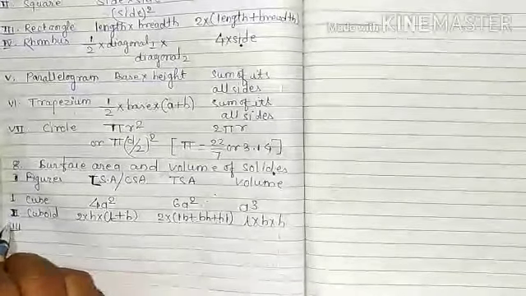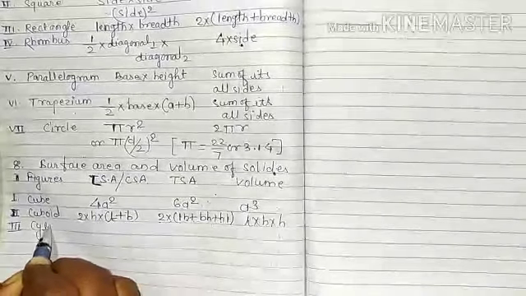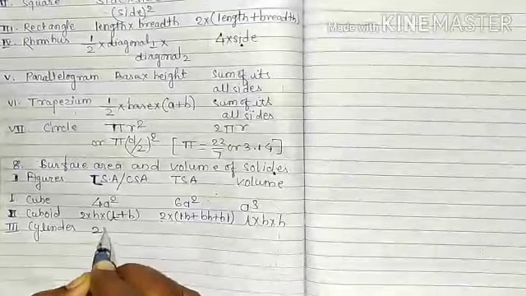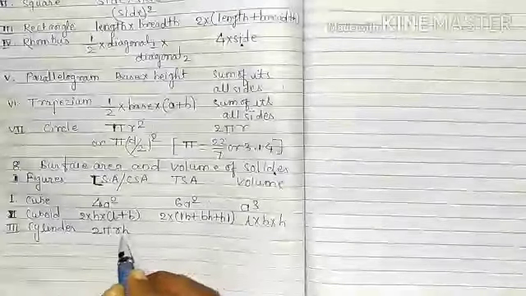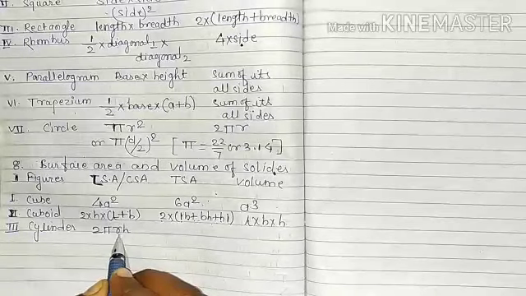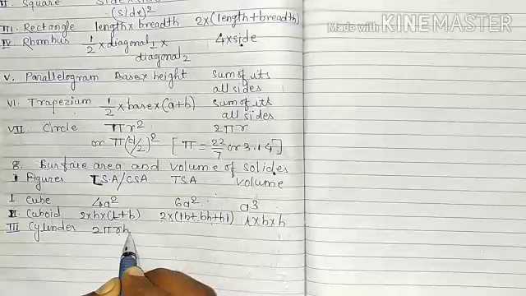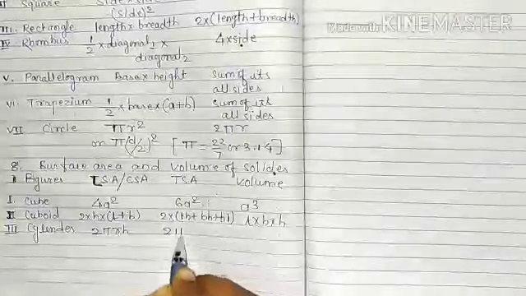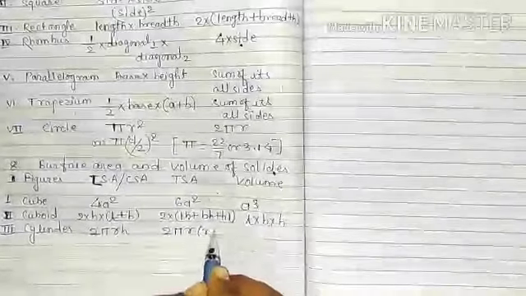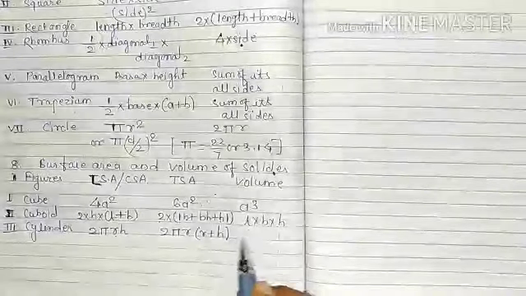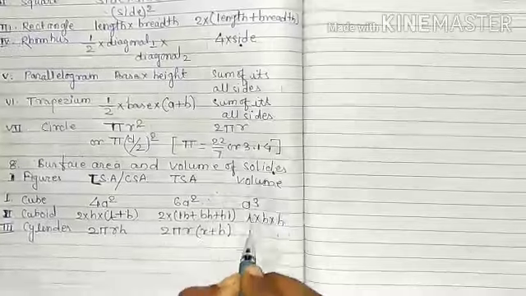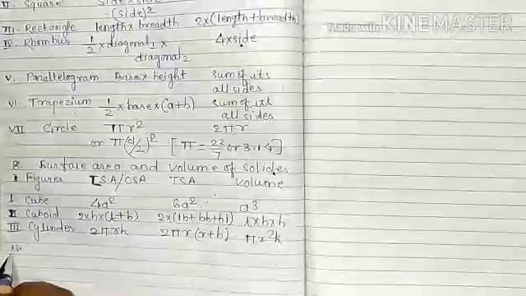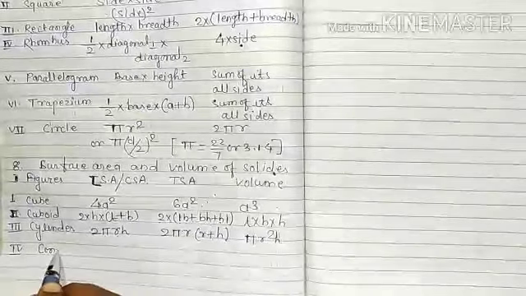Third one, cylinder. In a cylinder, curved surface area is 2 pi r h, where r is the radius of the base of the cylinder and h is the height of the cylinder, and total surface area of a cylinder is 2 pi r into r plus h, and volume of the cylinder is pi r square h. Fourth, cone.